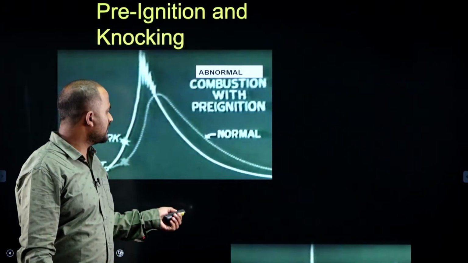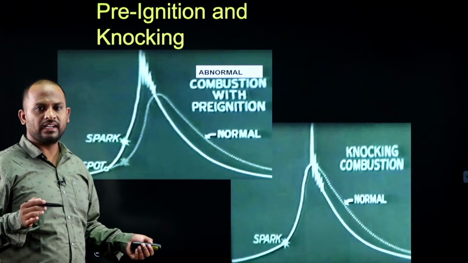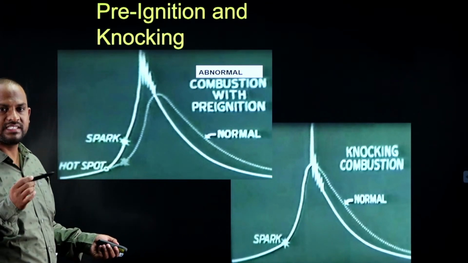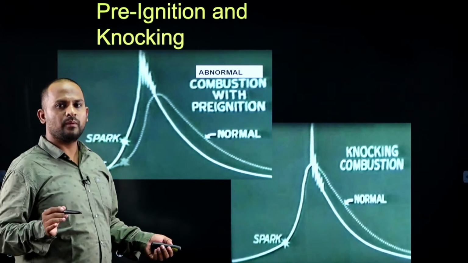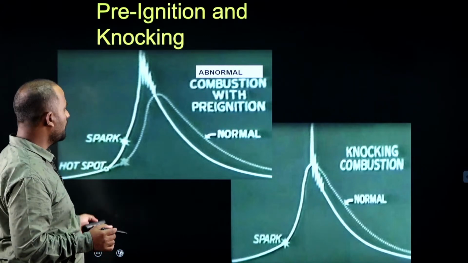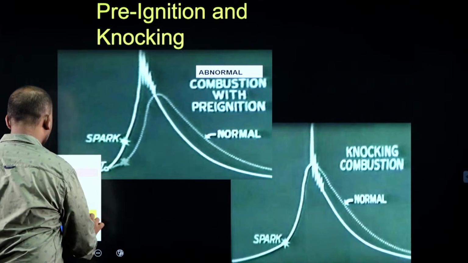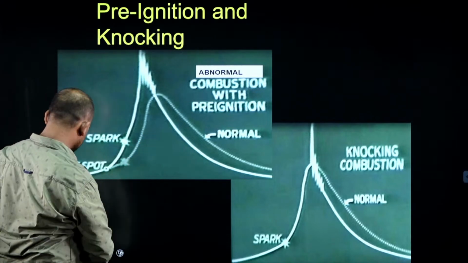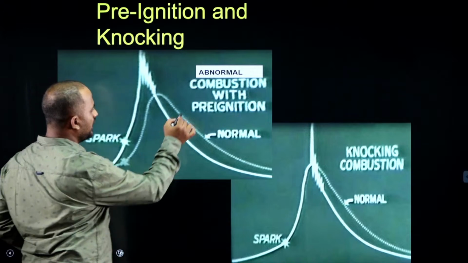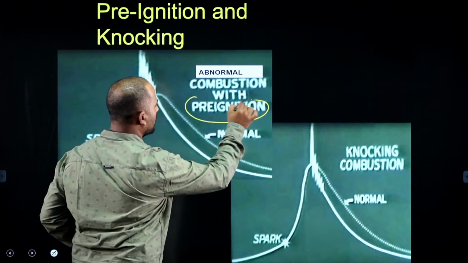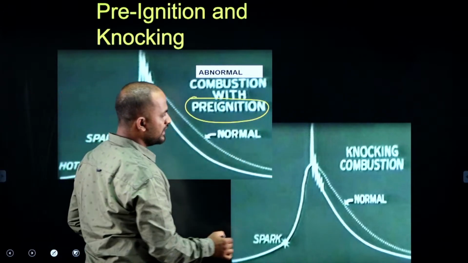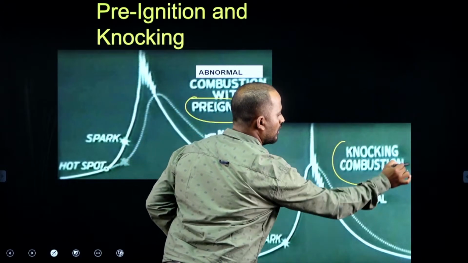Now let us see the two P theta diagrams, which represent the abnormal combustion because of the pre-ignition and also because of the knocking. This P theta graph is because of the pre-ignition, whereas this one is because of the knocking.